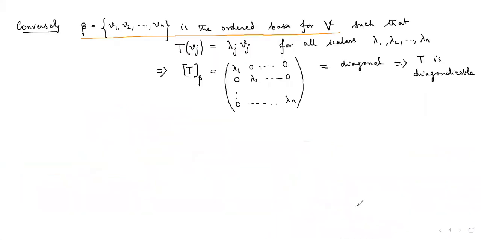So we can say that for each vector v in the basis beta, this relation is getting satisfied. TV is equal to lambda V type of relation is getting satisfied.